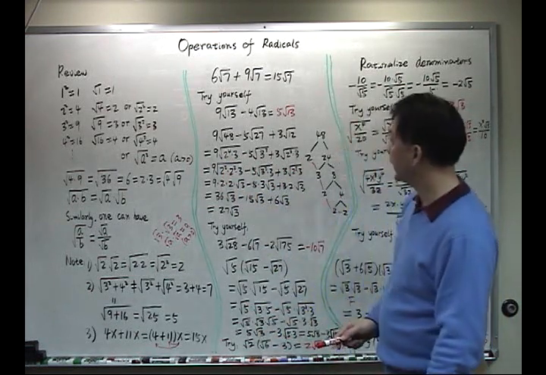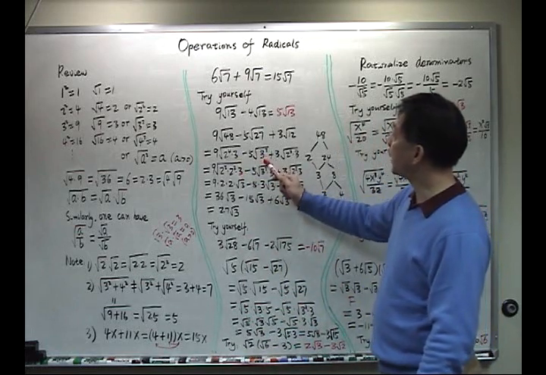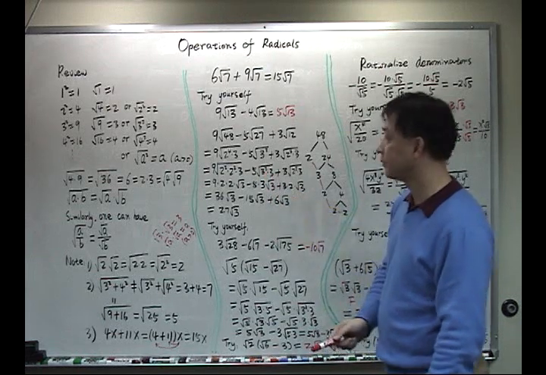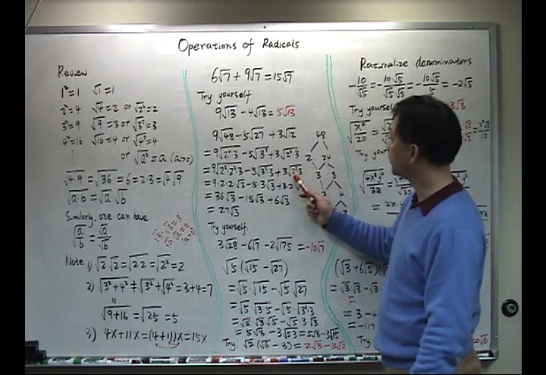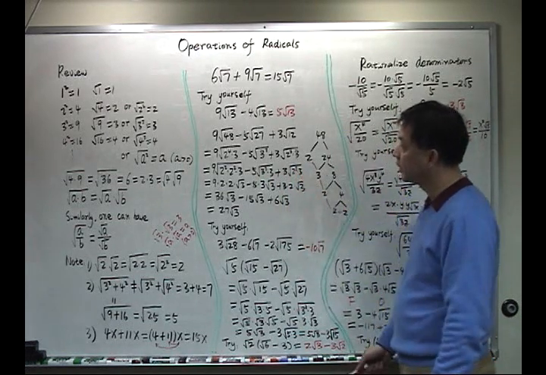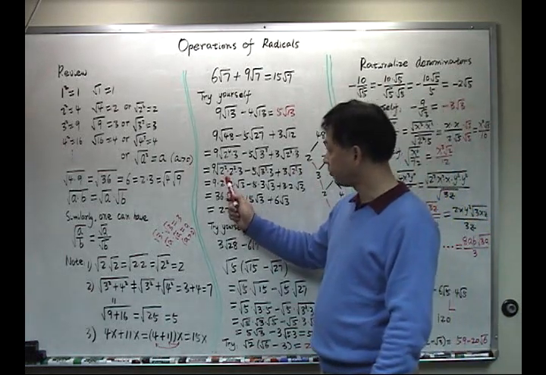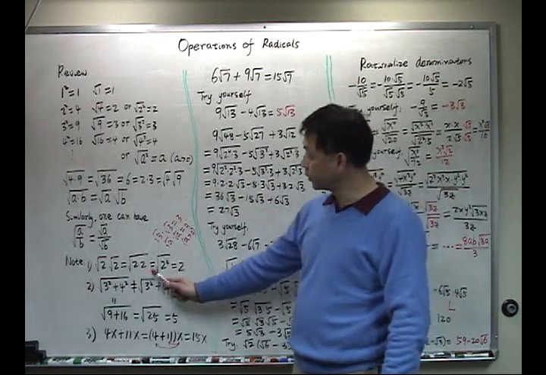Okay? And we keep 3 down here. 3 cubed can be separated as 3 squared times 3. And we keep 3 times 2 squared. The reason I do this is because radical 2 squared is 2, you see?